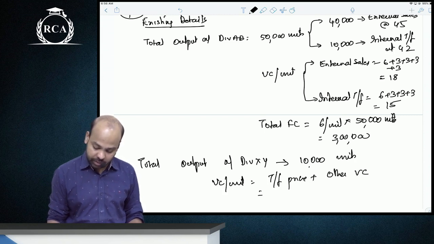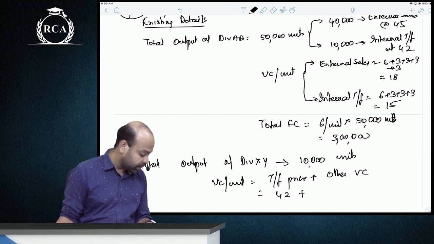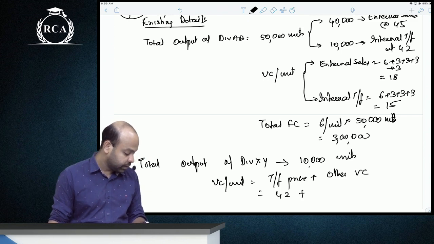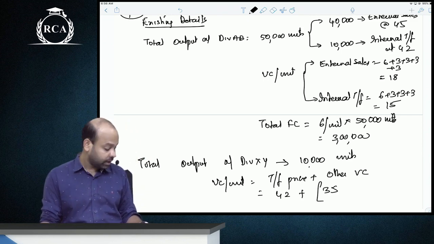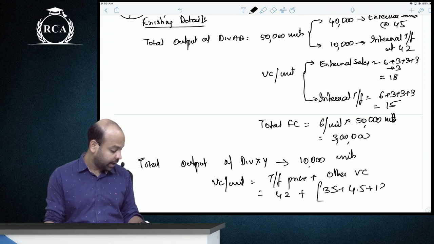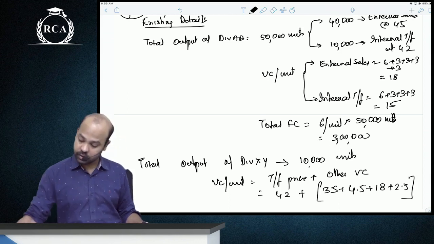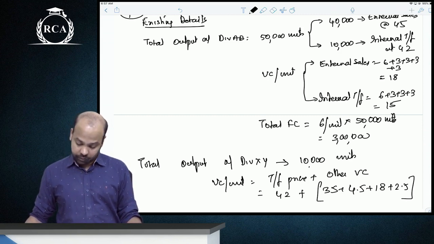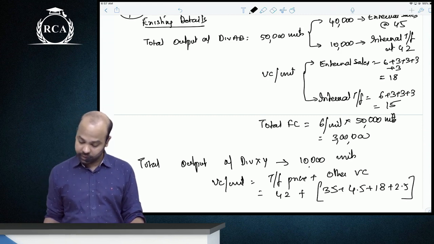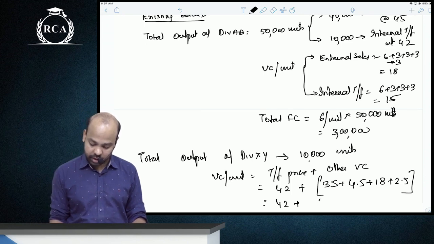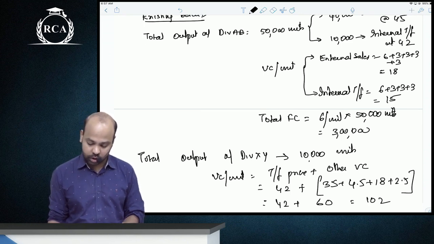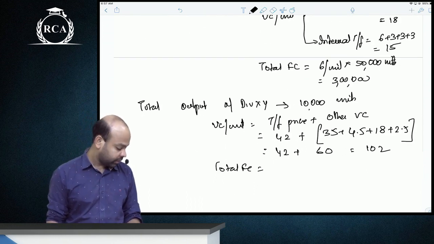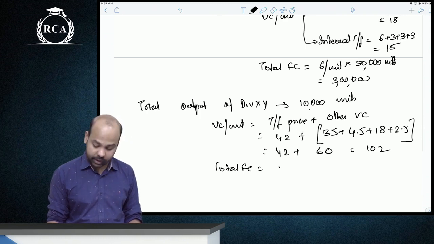I will write the transfer price as 42 rupees, and the other variable cost is 35, 4.5, 18 and 2.5, which is 60 rupees. So 42 rupees is your transfer price, other variable cost is 60, total is 102. And total fixed cost would be 10,000 units multiplied by 18 rupees.